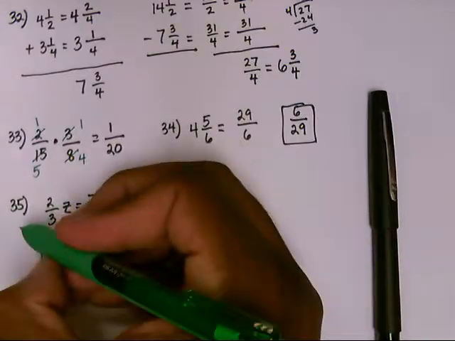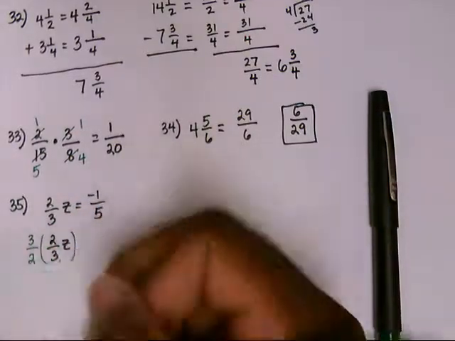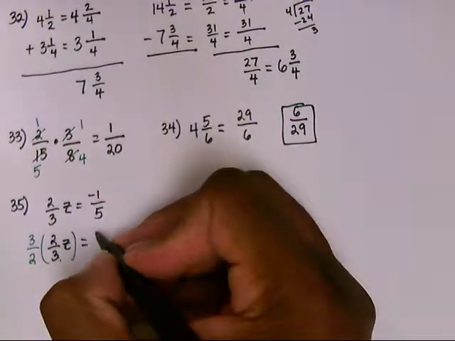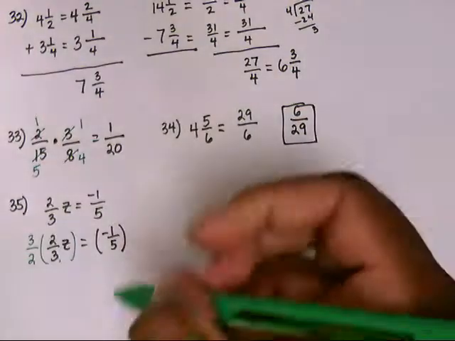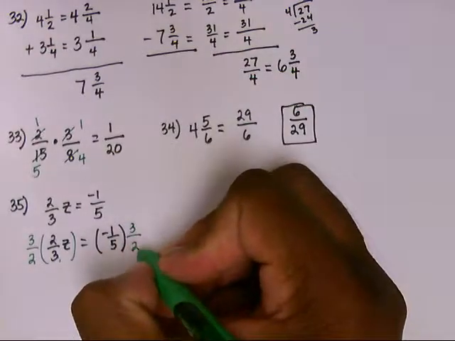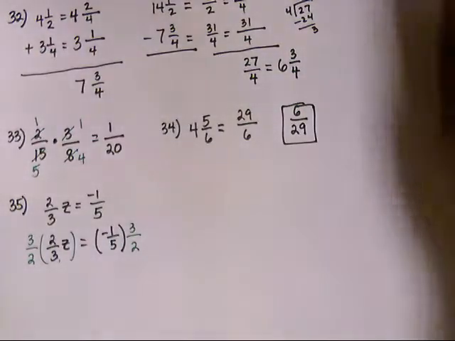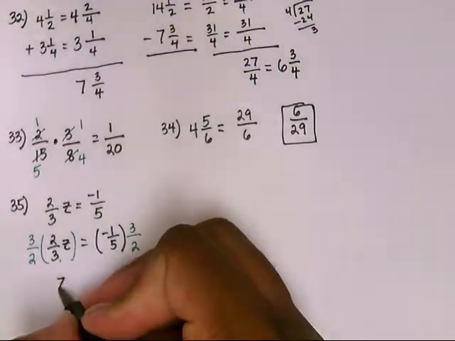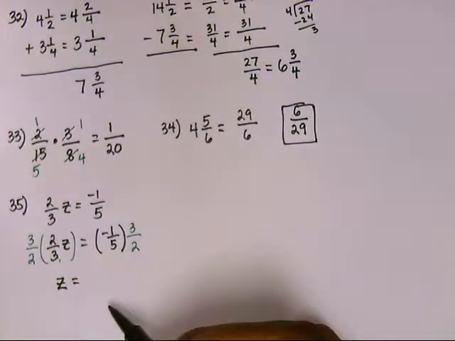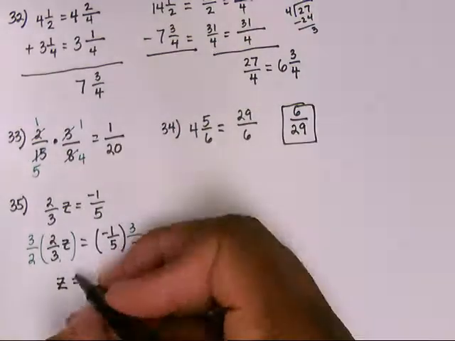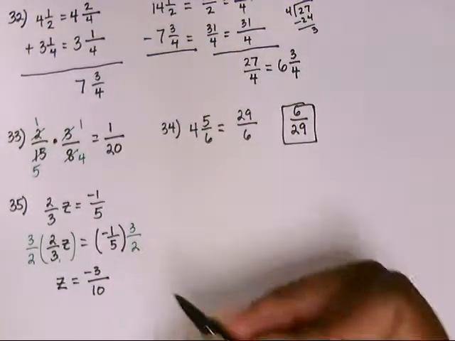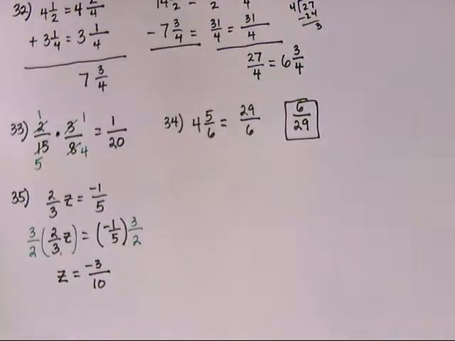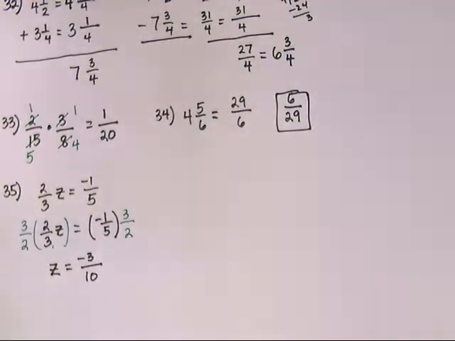The reciprocal of 2/3 would be 3 over 2. Now I'm going to do the same thing here. Multiply that negative 1 over 5 by its reciprocal, 3 over 2. So here I'm going to get z by itself, and then that's equal to negative 1 times 3, that's negative 3, over 5 times 2, which is 10. So negative 3/10 will be what z is equal to.